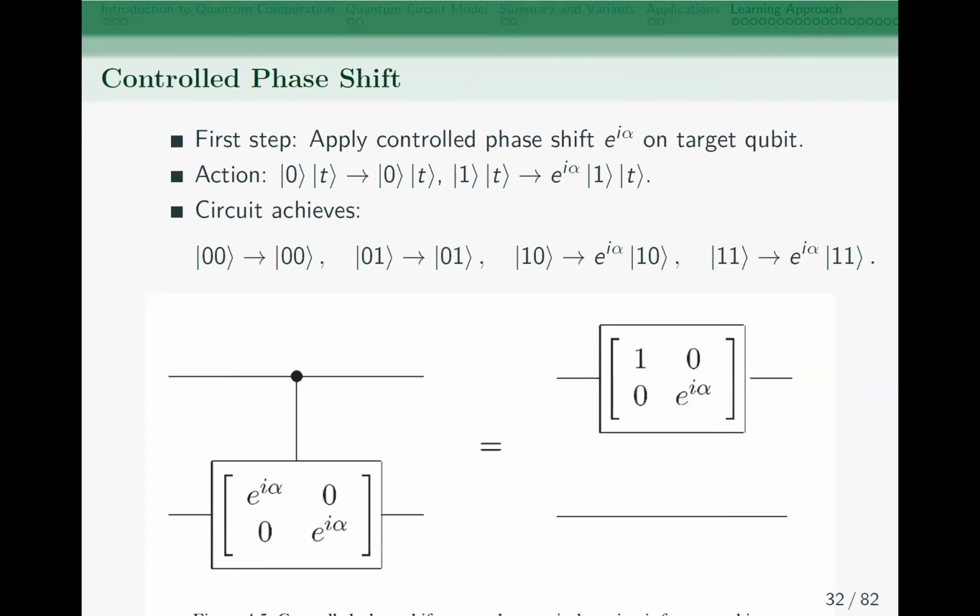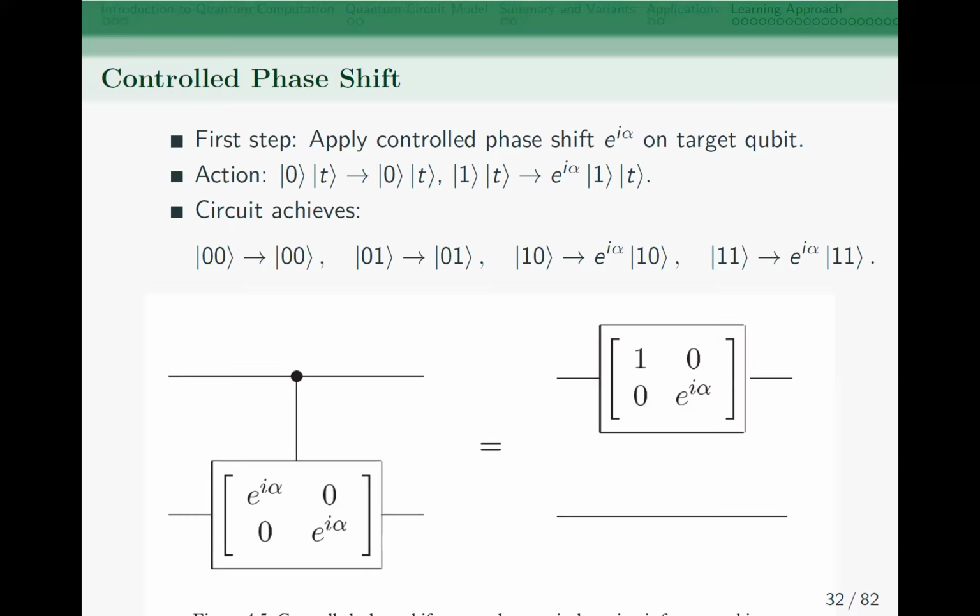Okay. So before we prove it, let's talk about a simple lemma called controlled phase shift. What a phase shift is, is very simple. Suppose you want to do a controlled phase shift. What this means is that if the control is 1, then I apply an extra phase, e to the i alpha, on the second qubit.